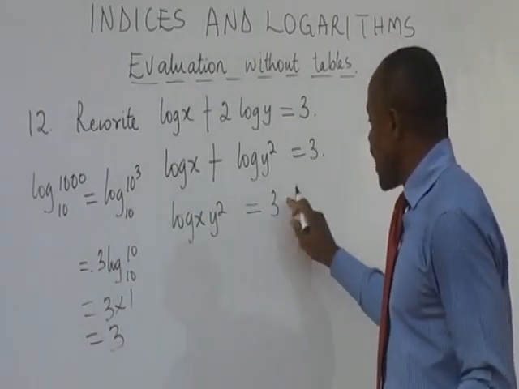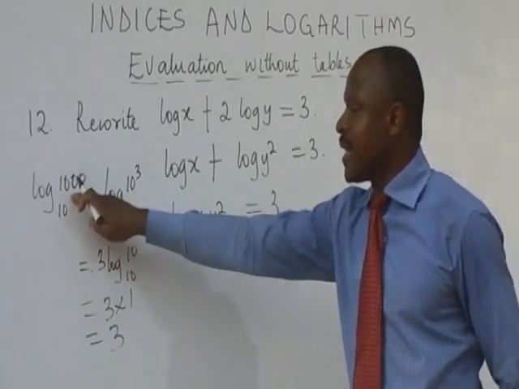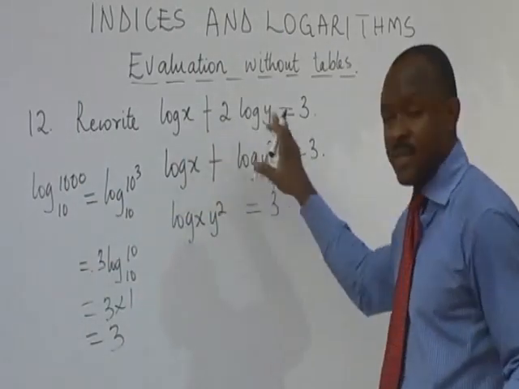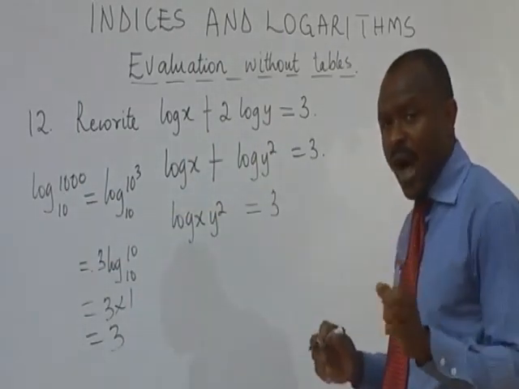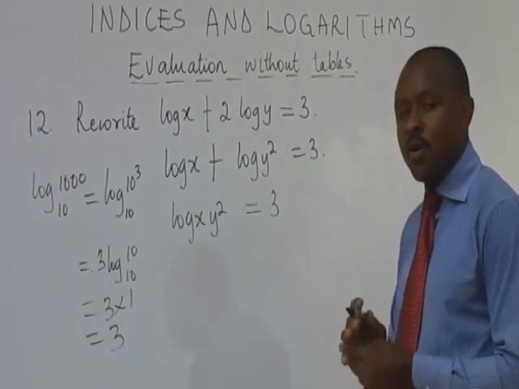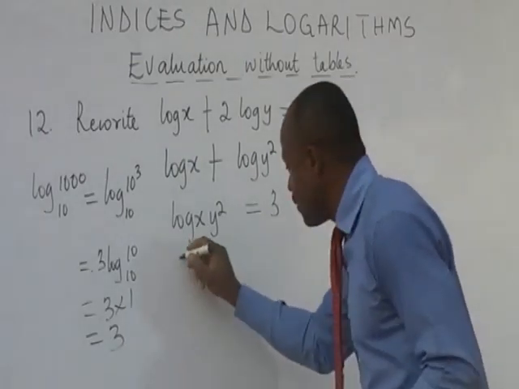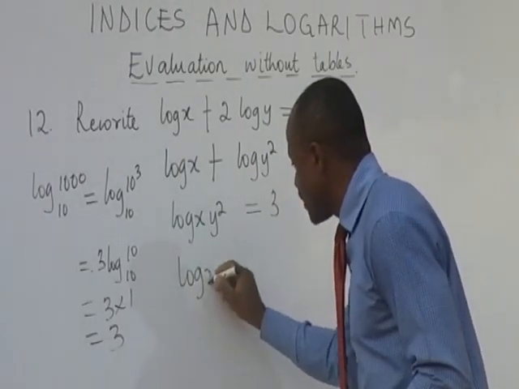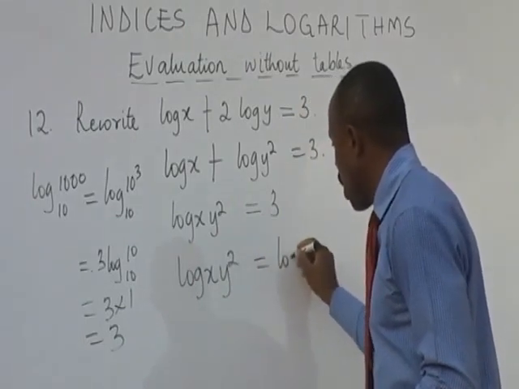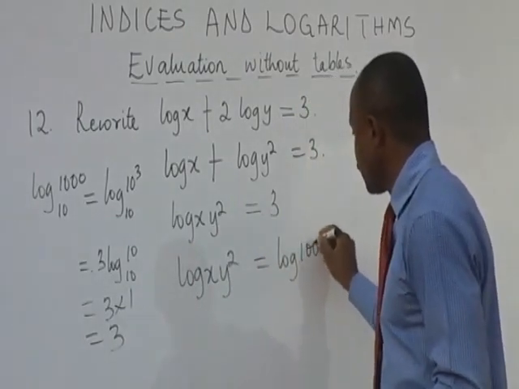So we are going to exchange 3 for log of 1000 to base 10. We are not going to write base 10 because there is no base attached in this scenario, but we know they are in base 10. So we are going to have log of x y squared is equal to log of 1000.